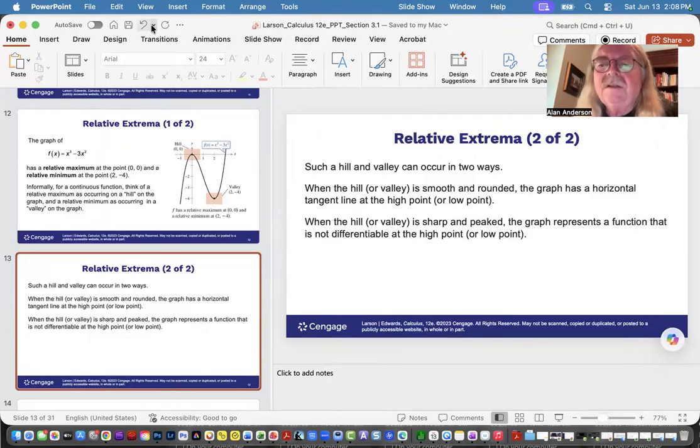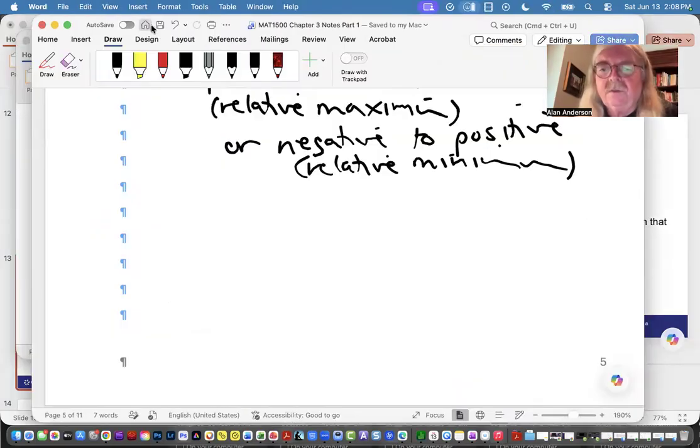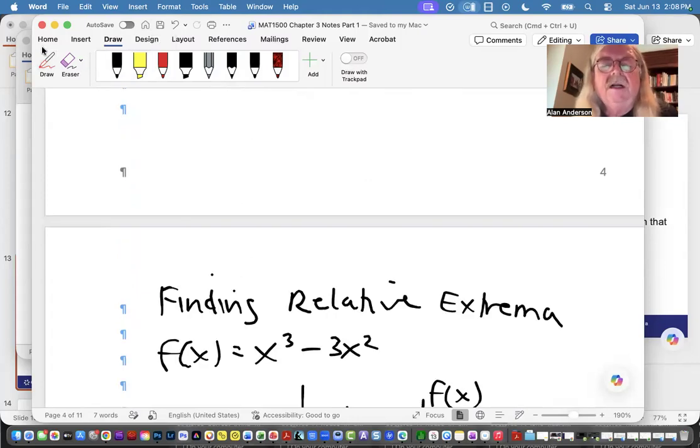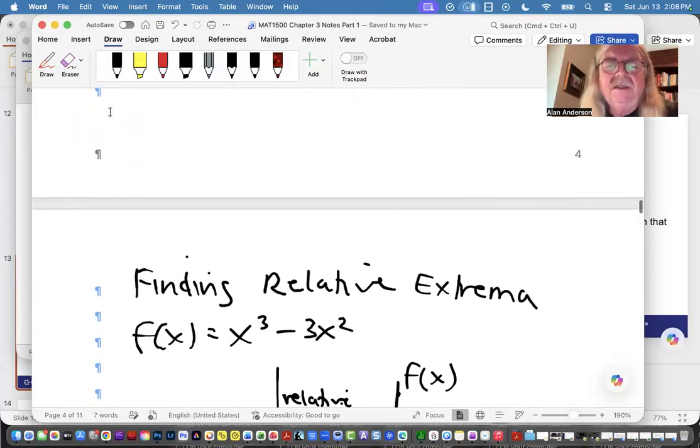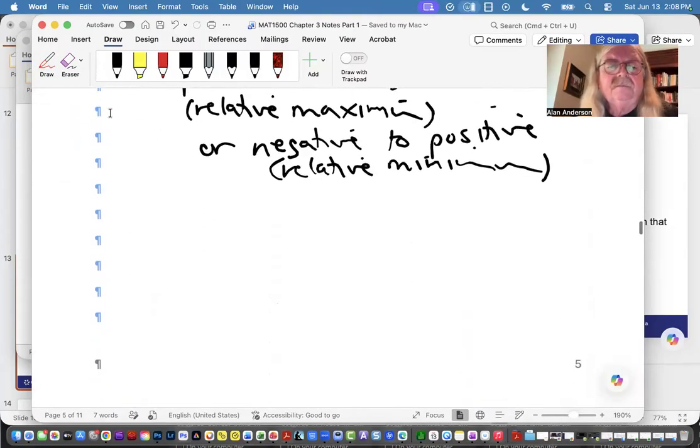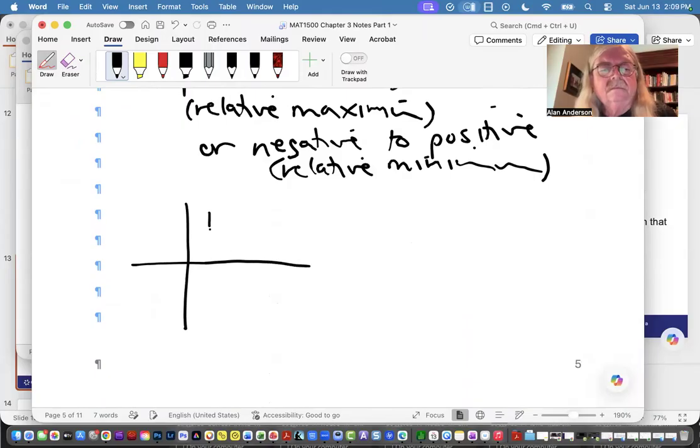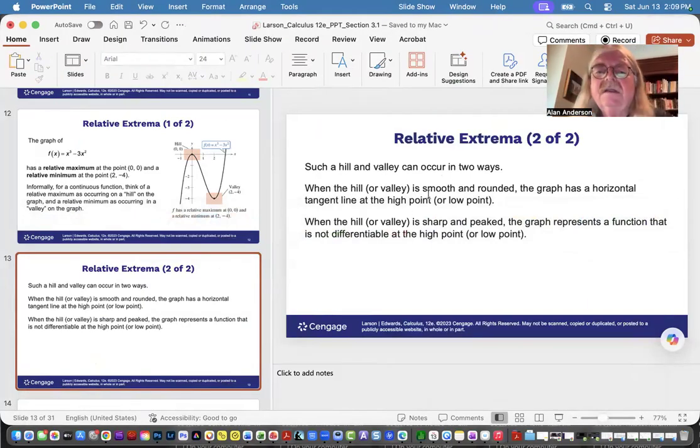By the way, sometimes you run into these very strange cases. The relative extrema can take place in two different ways, as far as geometry goes. So you notice how this one, they describe it as smooth and rounded.